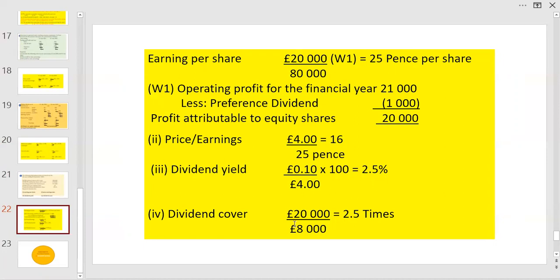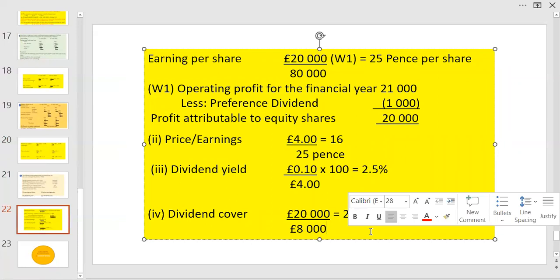Even though as per par value it is 10%, as per market value it is only 2.5%. Dividend cover indicates the profit available, which is 20 divided by the dividend proposed 8, is covered 2.5 times.